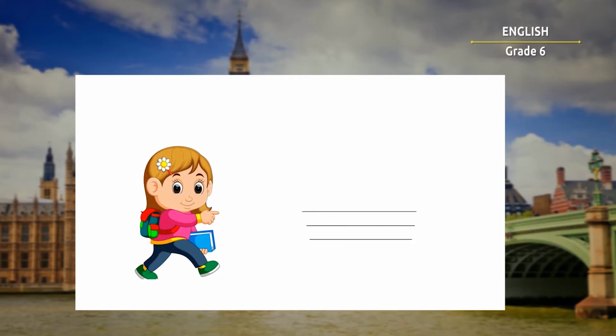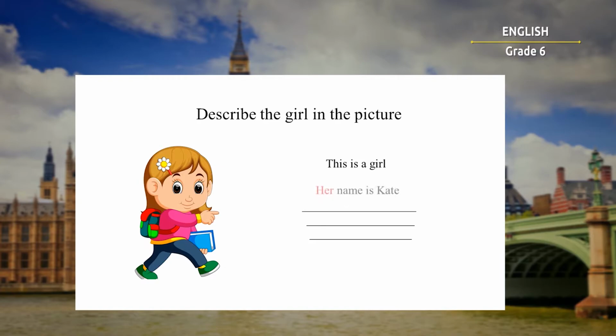Look at the picture and tell me, what can you see? Yes, that's right. This is a girl. Our task is to describe her using possessive adjectives as in the examples below. Her name is Kate. Her eyes are brown.